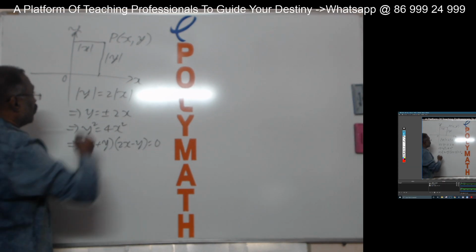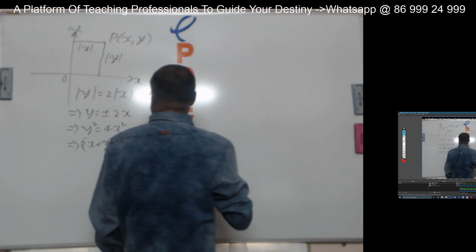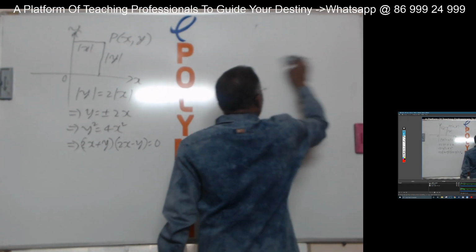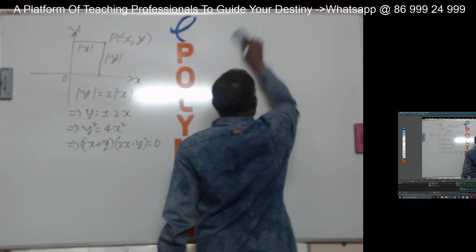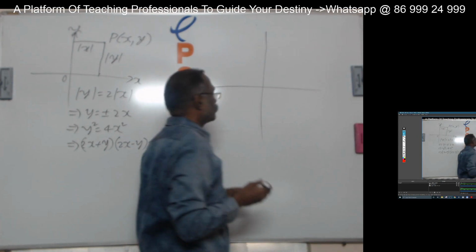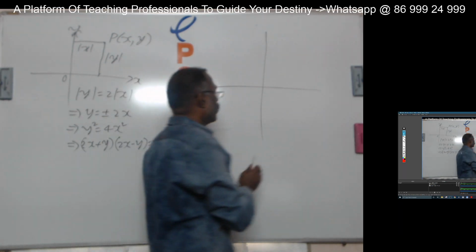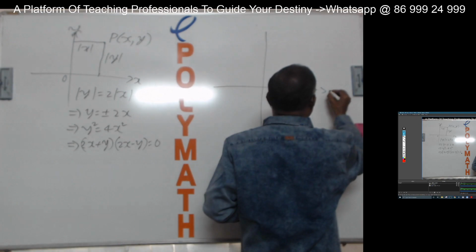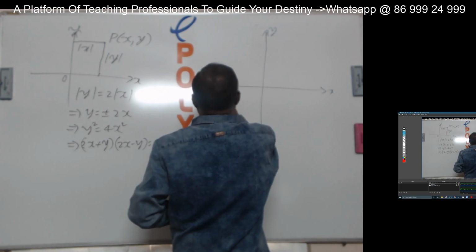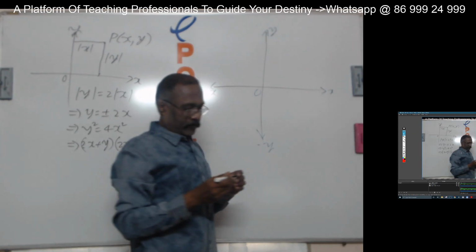Then what happens? If you collect all such points, they form a straight line. What is that line? Let us understand here. See, let us take a point here.